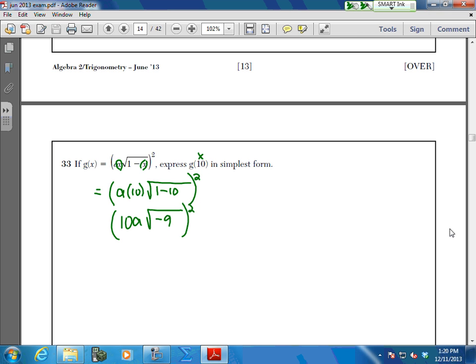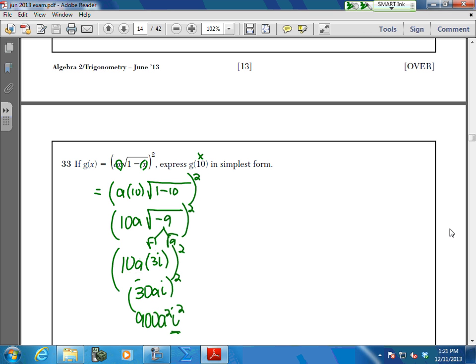Now, your negative under a radical says take out the negative 1. So this is your 10a, square root of 9 is 3, times 3i. Work this out, 30ai, and then square it. So 900, a squared, i squared, and i, remember, is negative 1. So if I replace this with negative 1, remember you're multiplying negative 900 a squared.